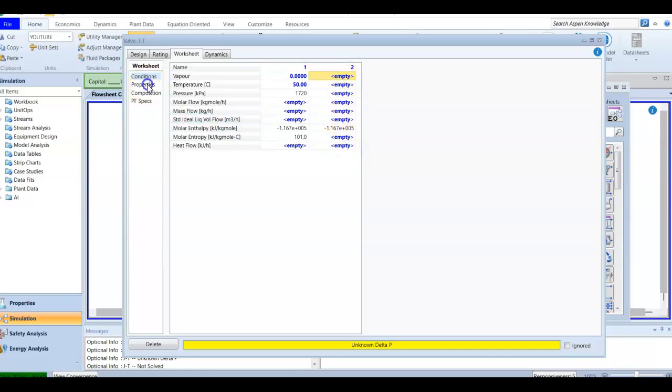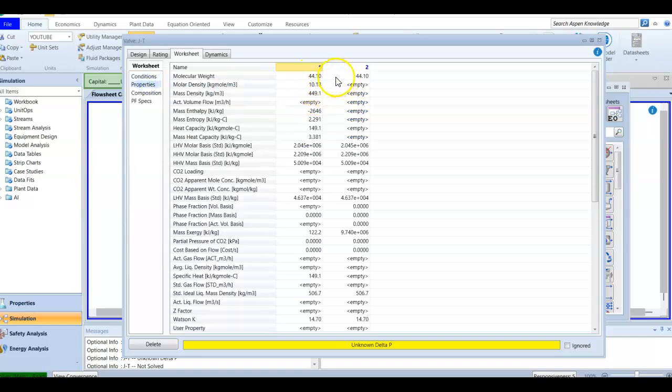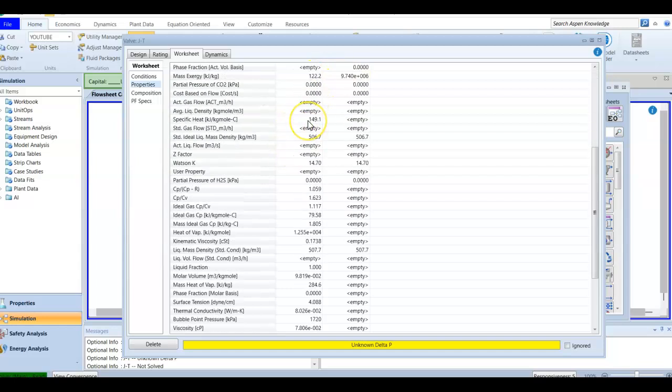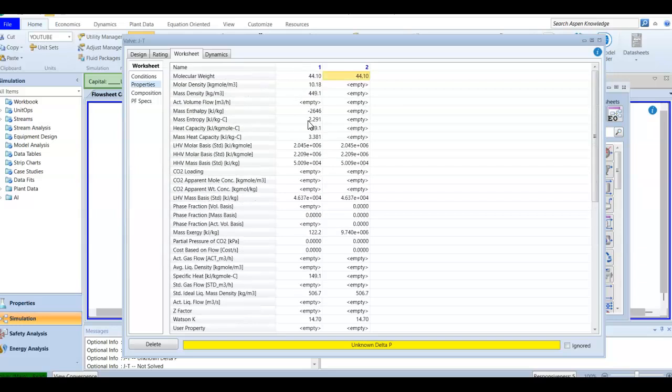For the properties, some of them have been calculated, because for example we have already defined propane, so we know that it's C3H8, so we have 3 times 12 plus 8, which leads us to 44. This is the molecular weight of propane, and other properties will also be calculated. The more information we add for the conditions and the composition, the more properties will be calculated.